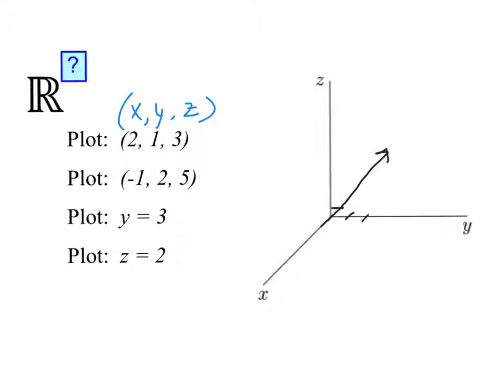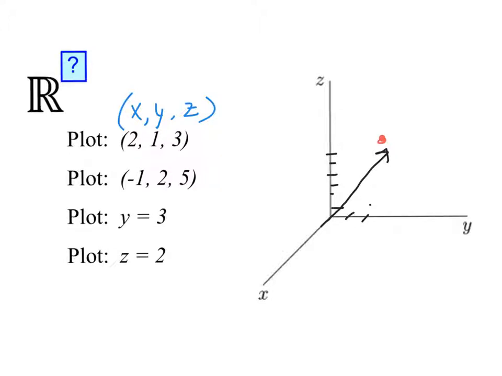So again, we're right here, and then we go up 5 units. So in the end, our plot is over, back 1, over 2, up 5. It's probably somewhere back here, and the reason, again, it's a little higher is because we're behind this YZ plane back there. So it ends up looking in our two-dimensional graph a little bit higher than 5.